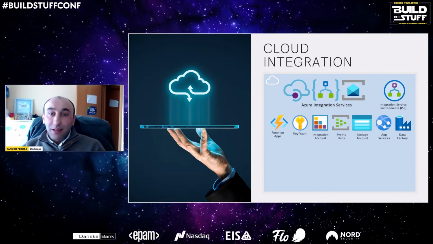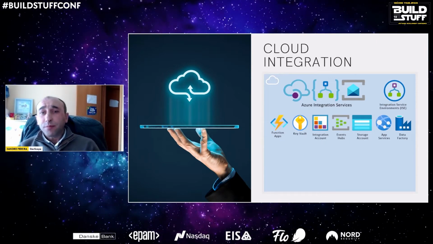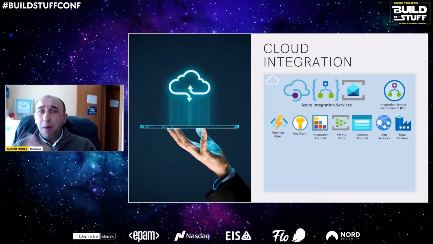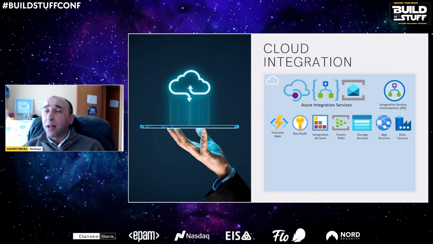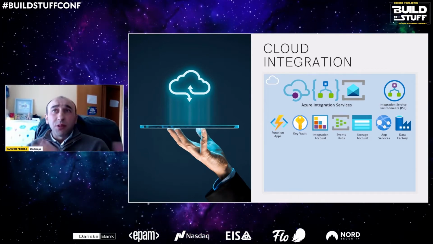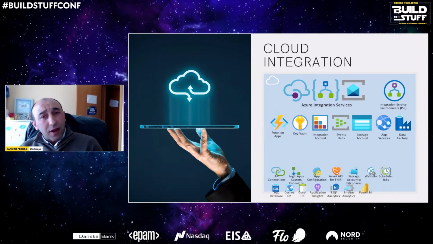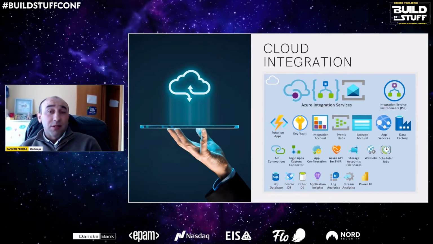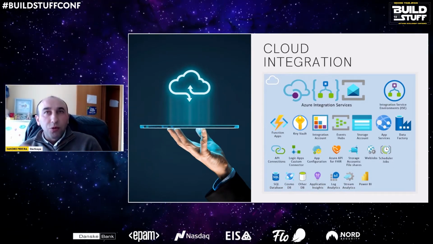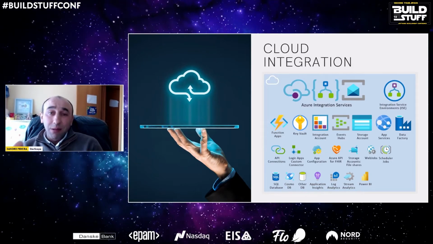You probably need an integration account to use that. And if you use schemas and mappings, you also have this integration account, Event Hub, Storage Account, App Service, Data Factory for ETL processes. Because again, if you look at integration, it's not only sending messages.